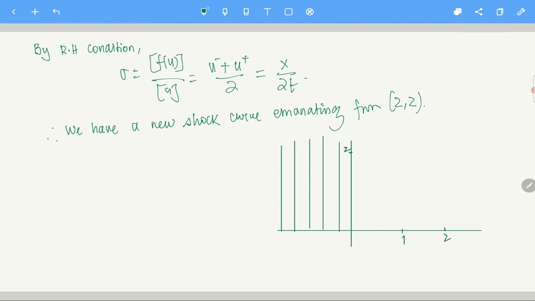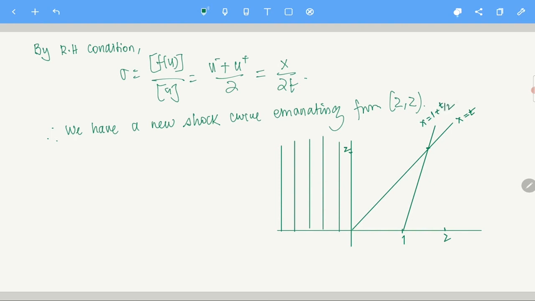Right, now x equals 1, so the x equals t line goes like this, let's say. Yeah, it does not look like x equals t, but let's just hope this is x equals t, okay. That's x equals t, and this line, x minus 1 equals t by 2, intersects somewhere at 2, 2, right. So this line is x equals, what is it, 1 plus t by 2, right?